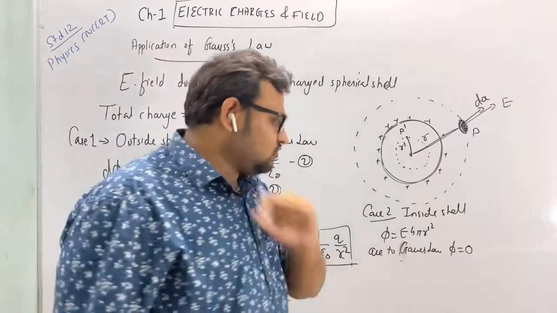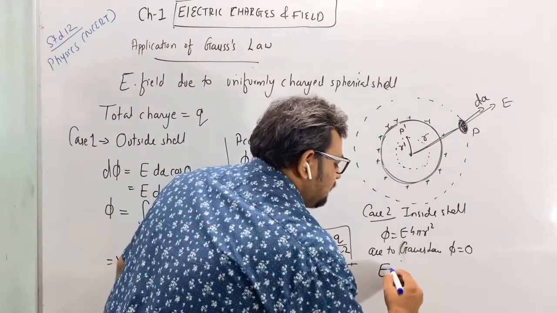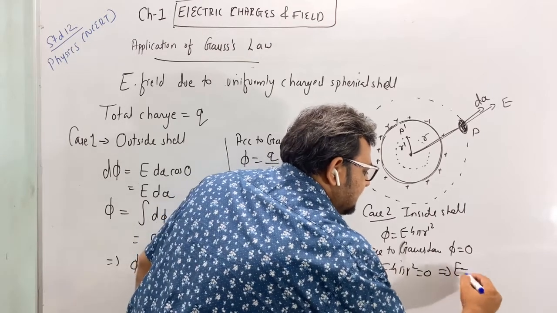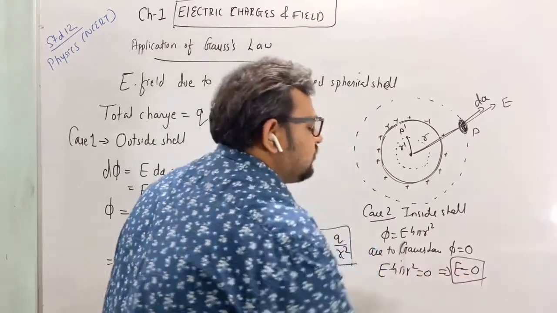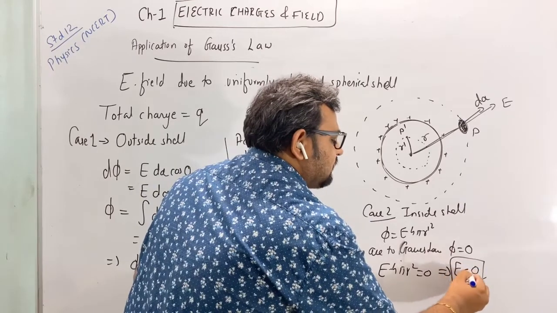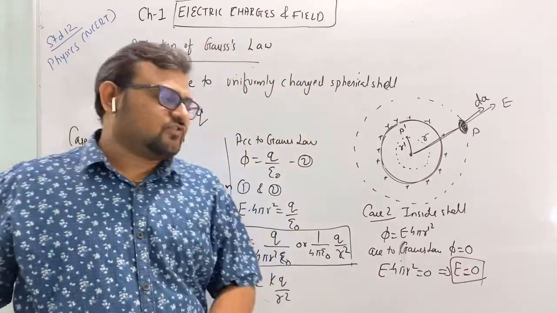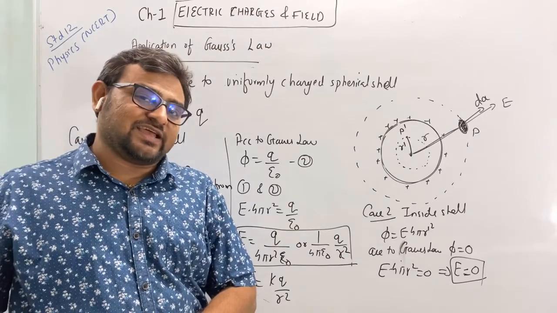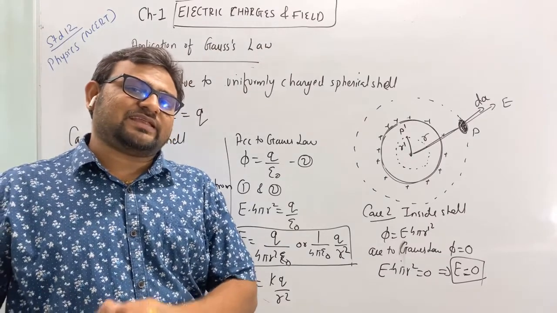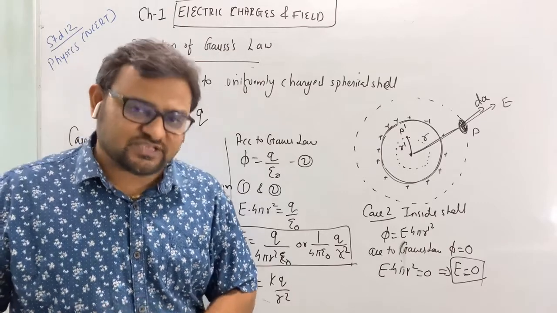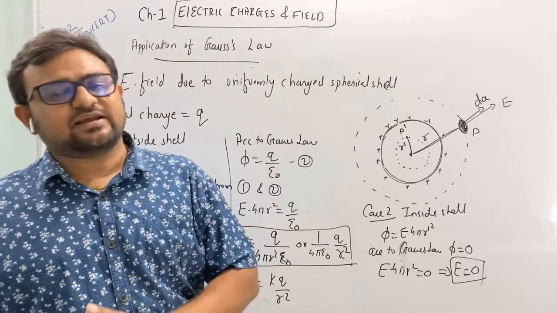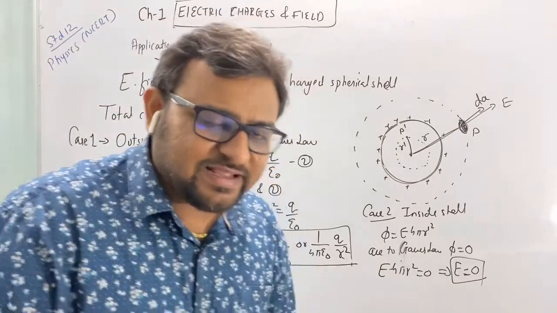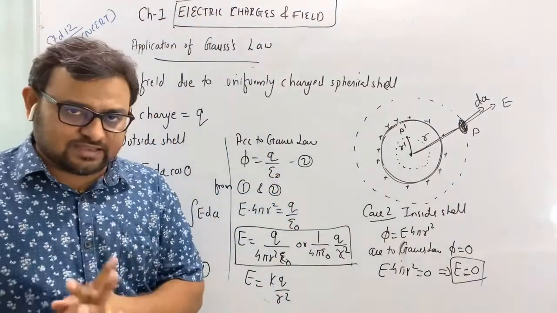So E into 4 pi r square equal to 0 implies electric field equal to 0. So if you are taking a point inside this spherical shell, then the electric field is 0, and outside it is kq by r square. I'm repeating the whole topic once again.